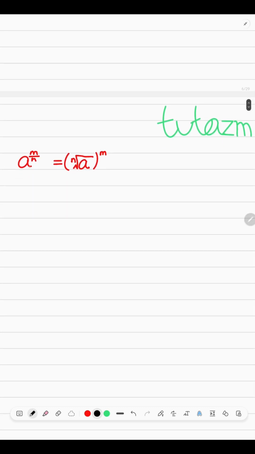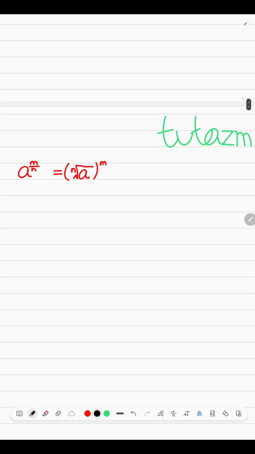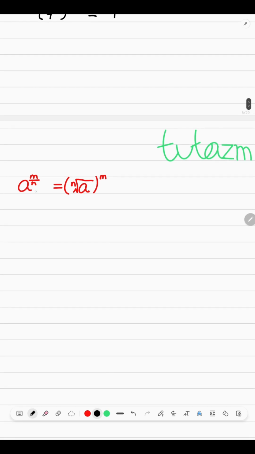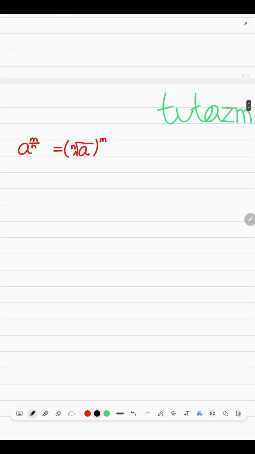Alright, last one. When you have a number that is being raised to a fractional power, the resulting number is the nth root of the number, so the root of the denominator of the number, and all of that is raised to the power of the numerator.